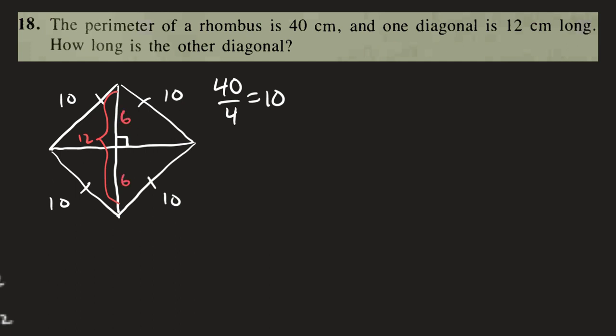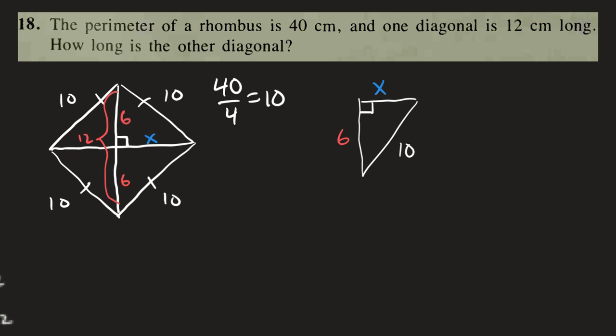So we can take one of these triangles, the bottom right one. This is 10, and this was 6. So now we're trying to solve for x.